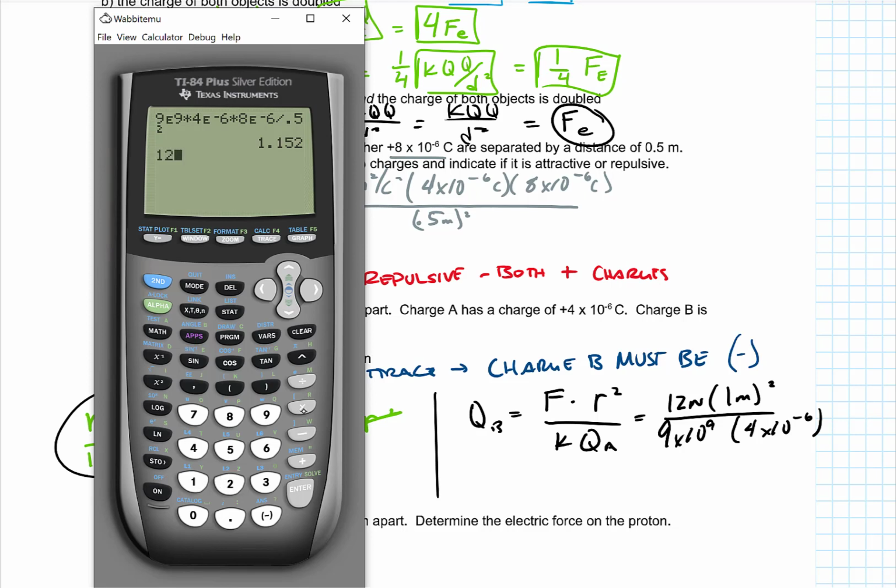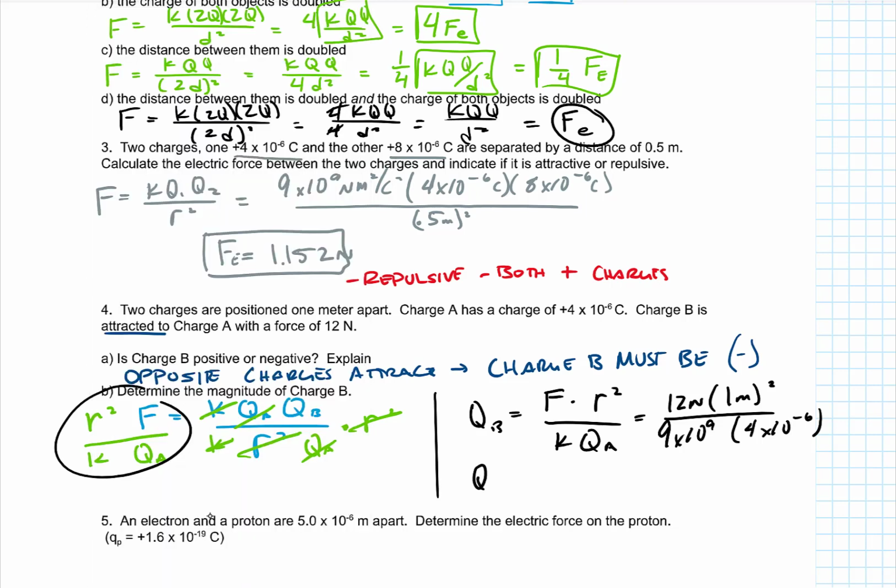So 12 times 1 squared divided by 9 times 10 to the 9th times 4 times 10 to the negative 6. And it ends up being 3.33 times 10 to the negative 4th coulombs. So QB is 3.33 times 10 to the negative 4th coulombs.